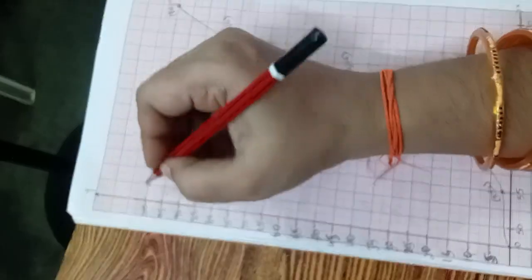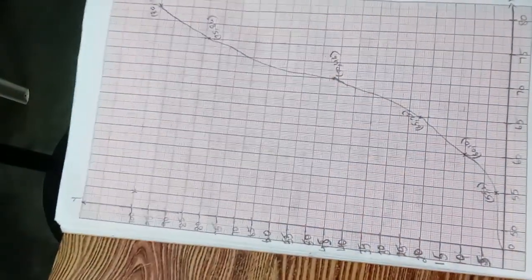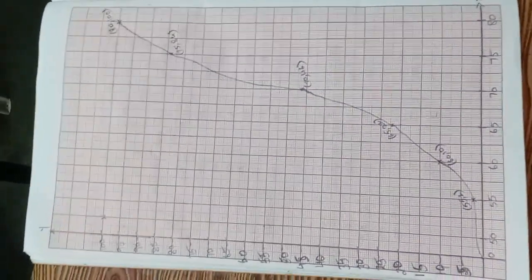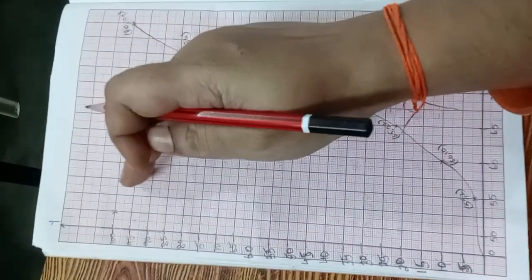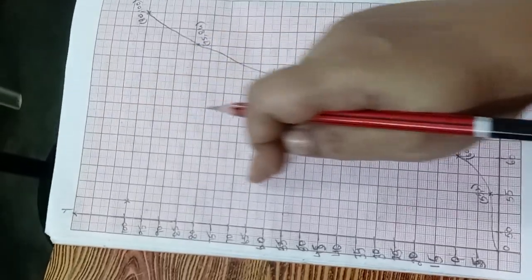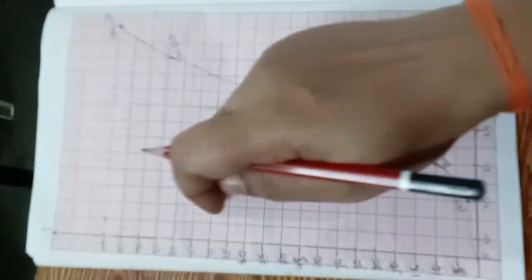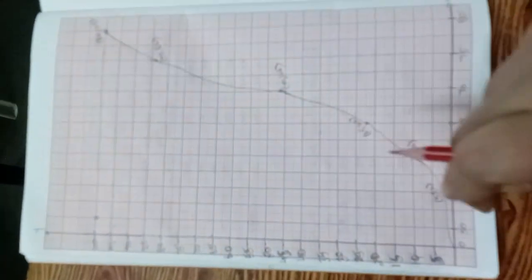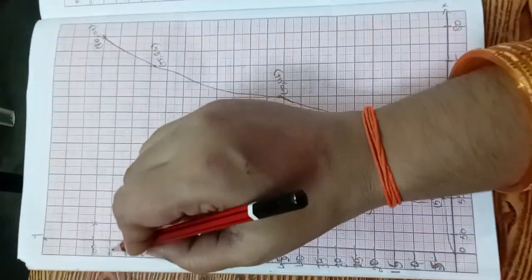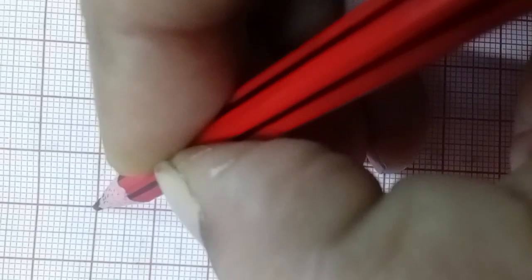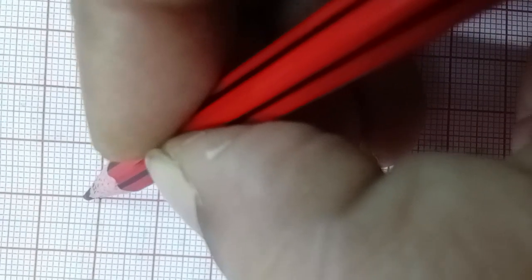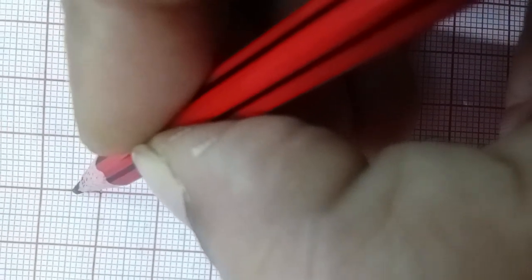Next, 55 is 98. This is 55, and this is 95, 96, 97, 98.